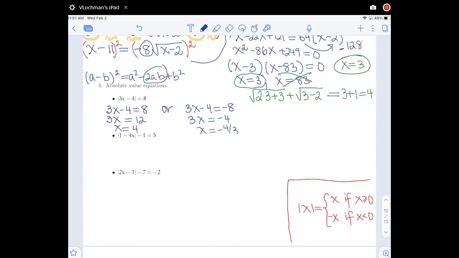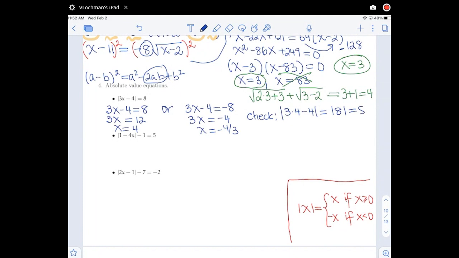And we can always check this. Let's go ahead and check real quick. Is this true? 3 times 4 minus 4, absolute value of this. That's 12 minus 4, that's the absolute value of 8, which is 8. So we checked our first one.